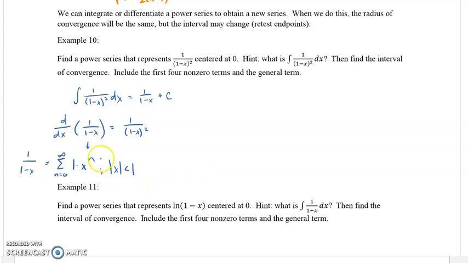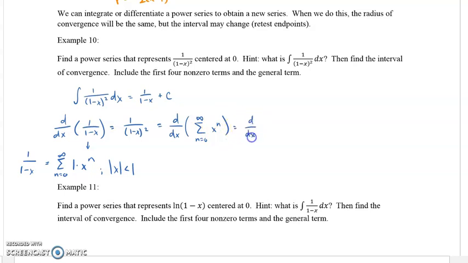So if I replace this fraction with this series, I know that this is equal to the derivative of the sum from n equals 0 to infinity of x to the n, which is the same thing as the derivative.